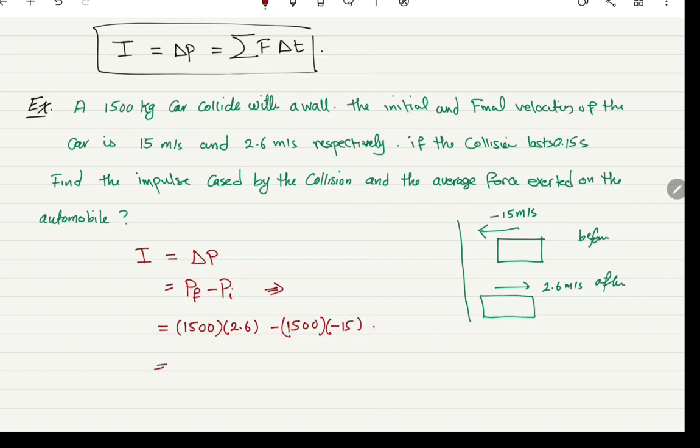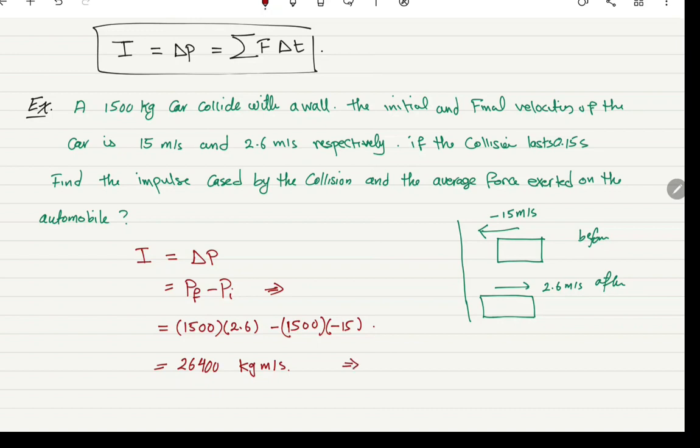In other words, it equals 26,400 kilogram meters per second.